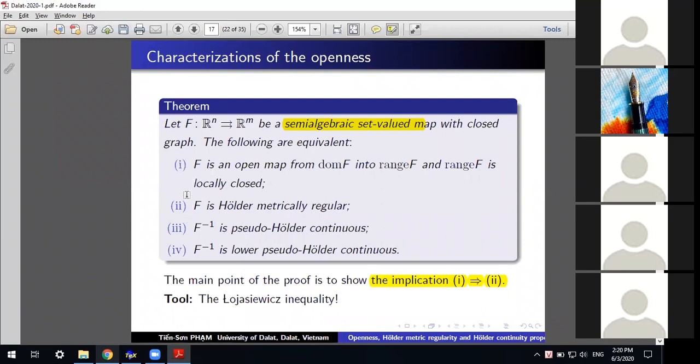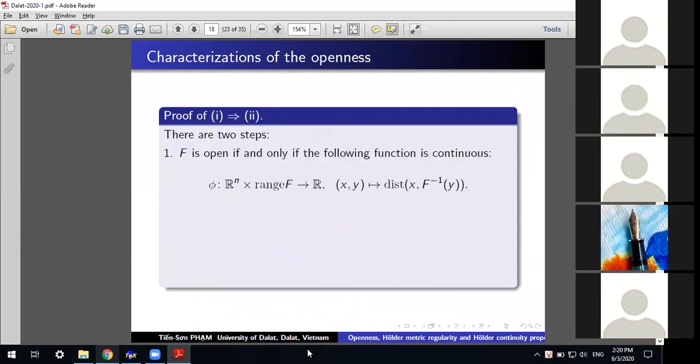In order to prove that the first implies the second, I will use the Łojasiewicz inequality again, and it's very easy. The proof has two steps here. First, I prove that F is open if and only if the following function is continuous.